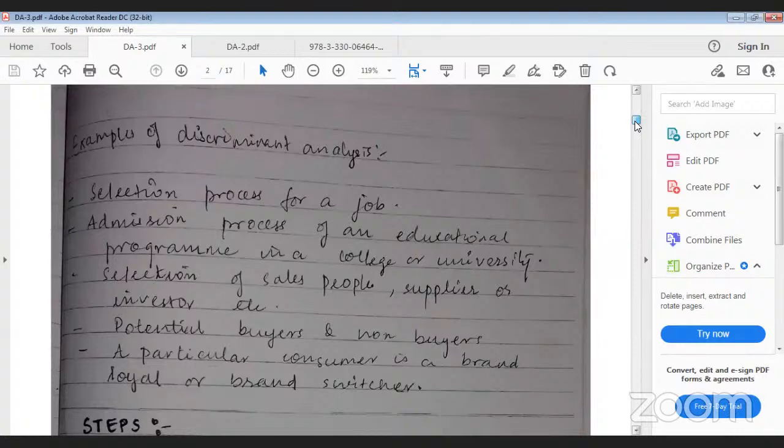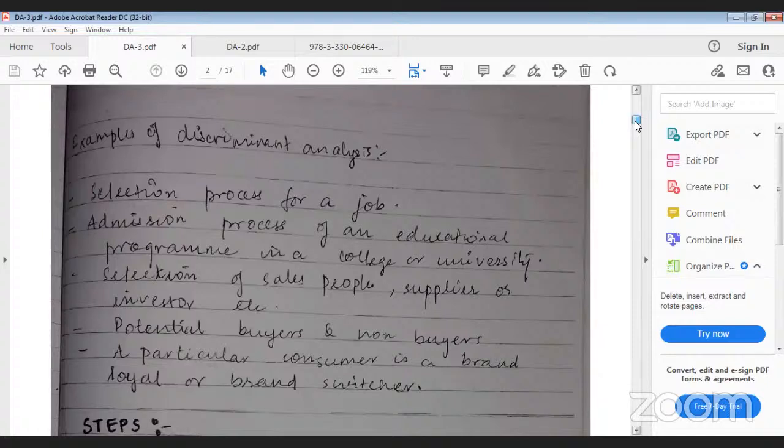In marketing research, the manufacturer wants to know whether a particular customer coming in is a potential buyer or not. Some criteria must be given, some variables must be known. Then only you can decide whether he is a potential buyer or non-buyer, potential investor or non-investor.